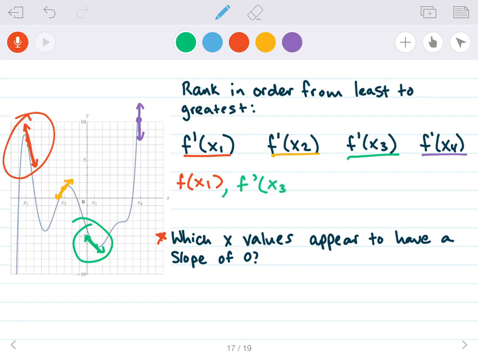So let's do that. And then positive slope, the flattest one is going to be the smaller of the positives, which is this one. Okay, so that is going to be f prime of x2. And the largest slope is going to be this positive, very steep slope, which is f prime of x4.